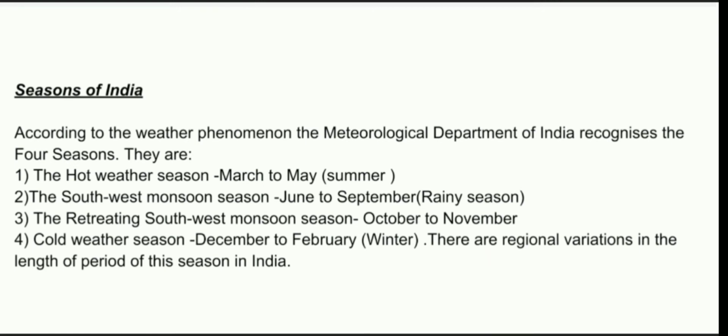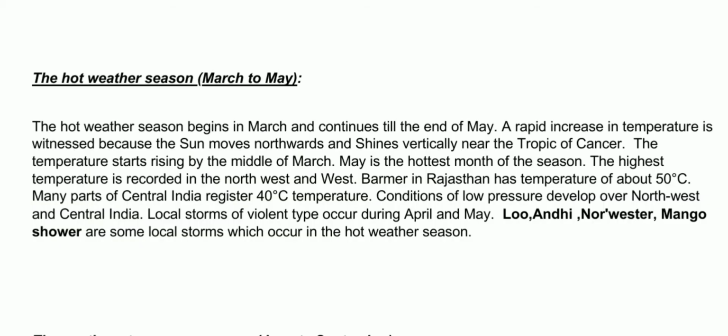Number 3, the retreating southwest monsoon season from October to November. And number 4, the cold weather season, that is December to February, winter. There are regional variations in the length of the period of these seasons in India.